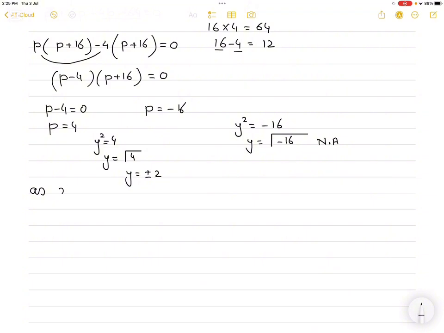As our x was 8 over y, when y is equal to 2, x is equal to 8 over 2, so my x is 4.